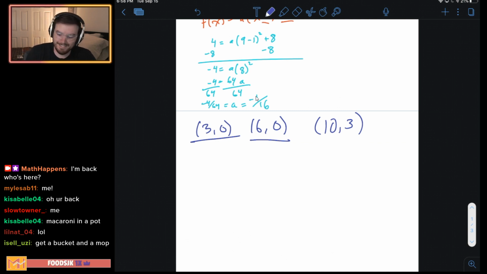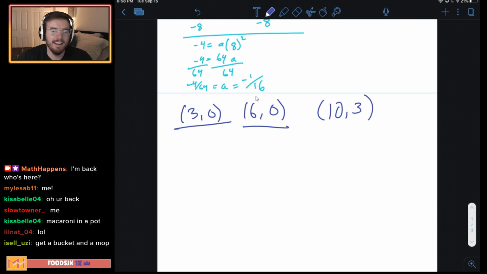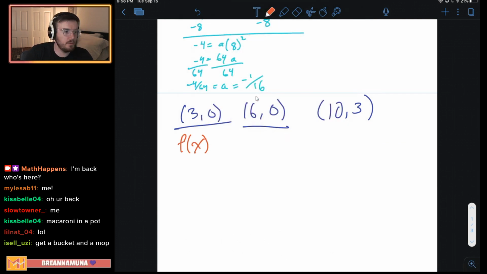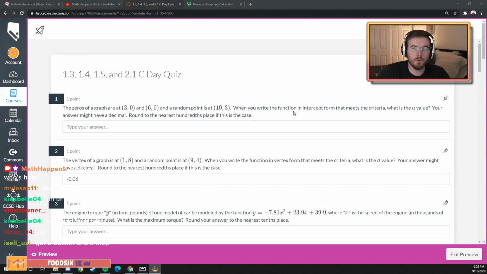We're not given the vertex, we're given the zeros. So we're not going to use vertex form, we're going to use intercept form. The question even says, when you write the function in intercept form that meets the criteria, what is the a value?